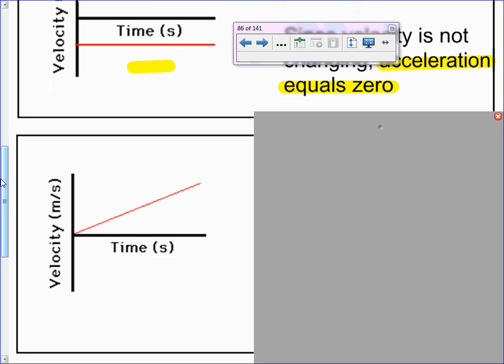Now in this next graph, we have positive region here. So velocity is moving in the positive direction. The motion is in the positive direction. And it starts here at 0, but then what's happening to the velocity as time increases? The velocity is increasing, right?